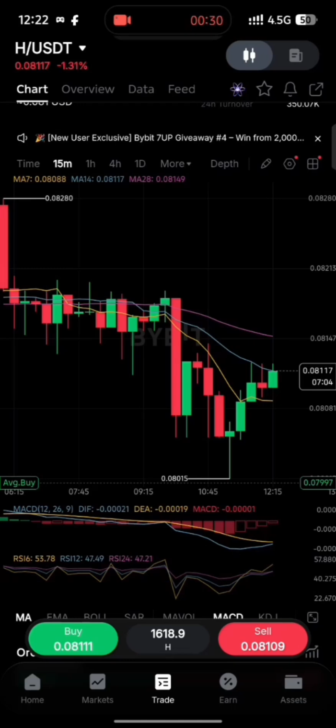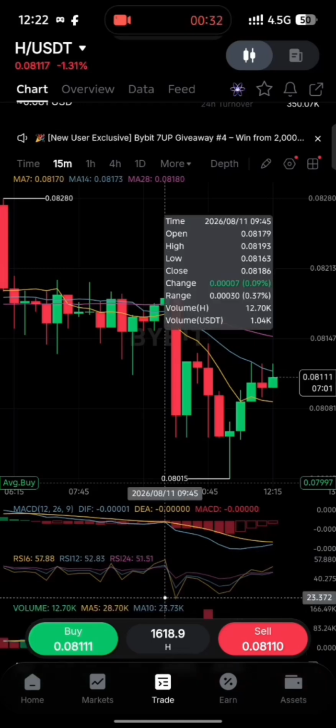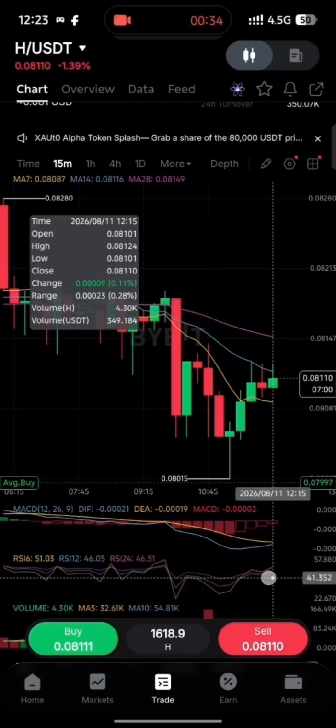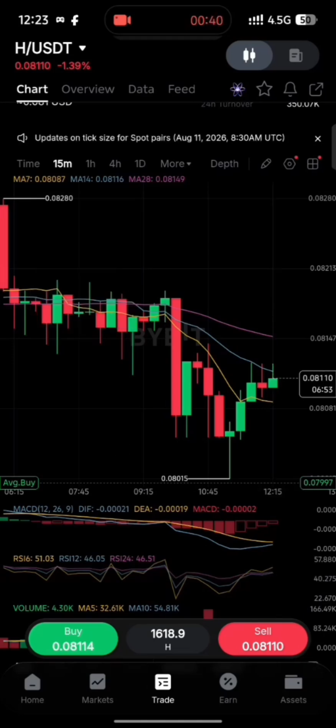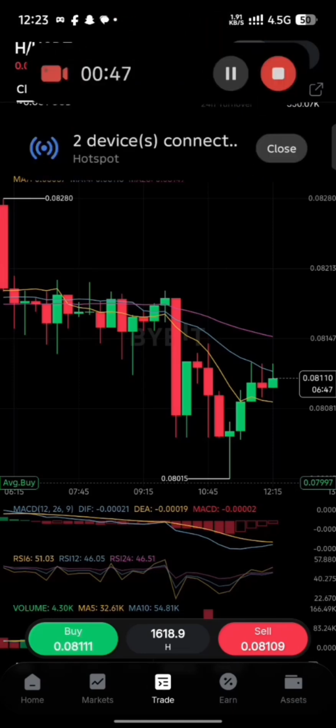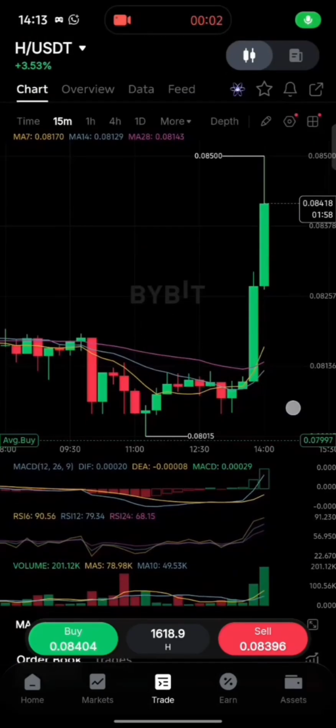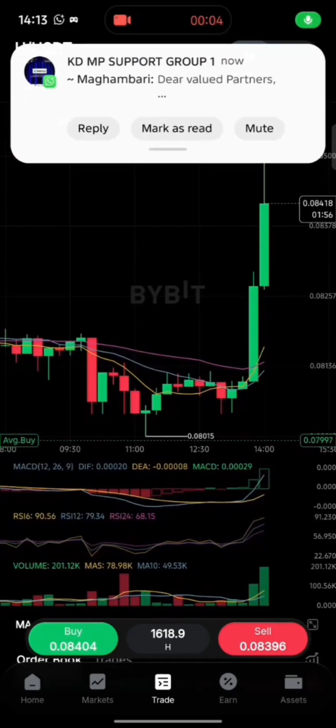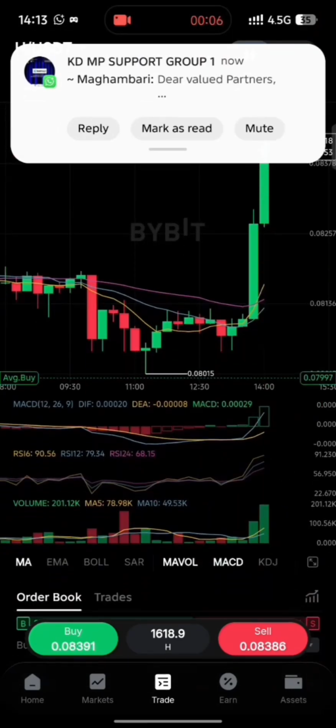So each time you see a candlestick that looks like a hammer, and you see your RSI is below 30, or sometimes even below 20, it's a good opportunity.